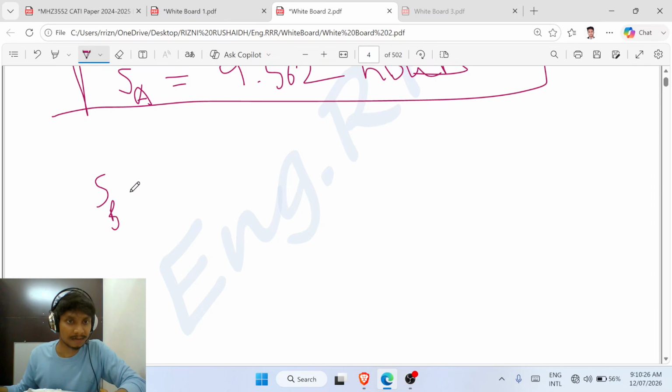Now we have to find S_B. Very simple. S_B is equal to the root of S_B squared.